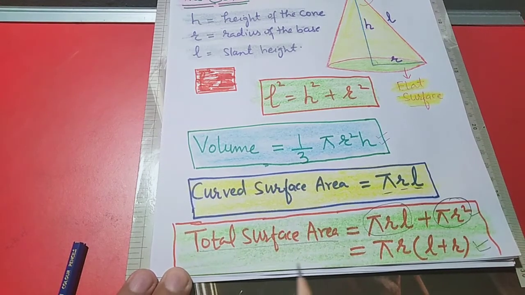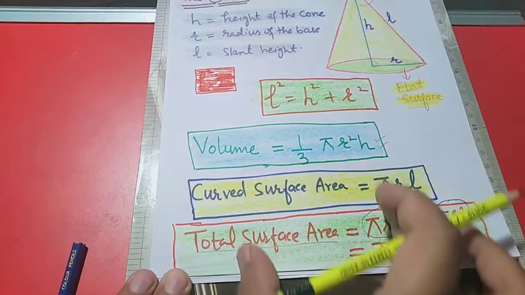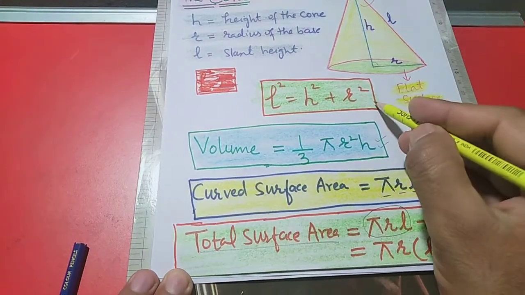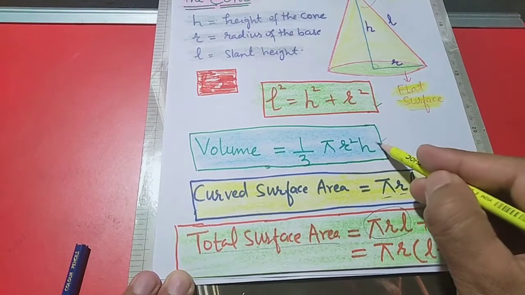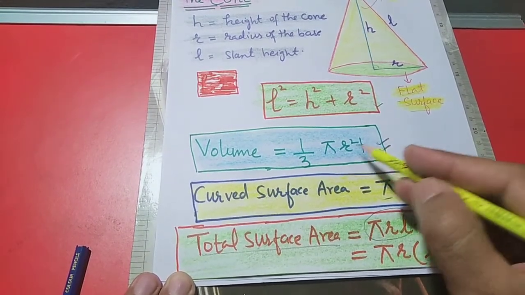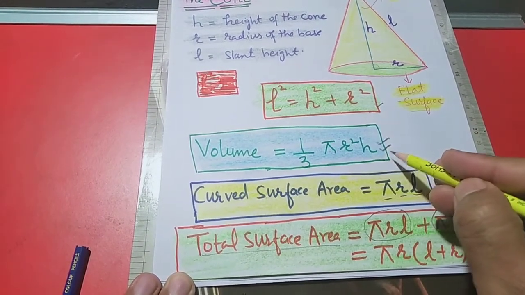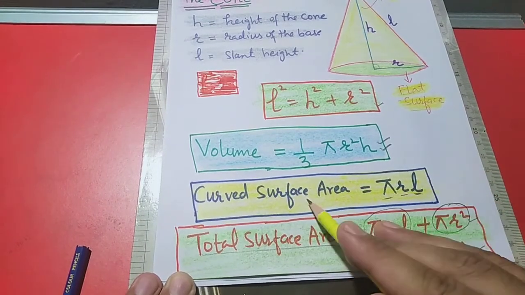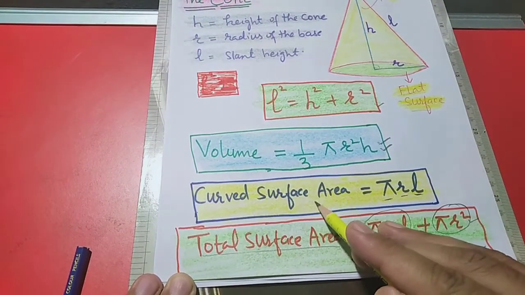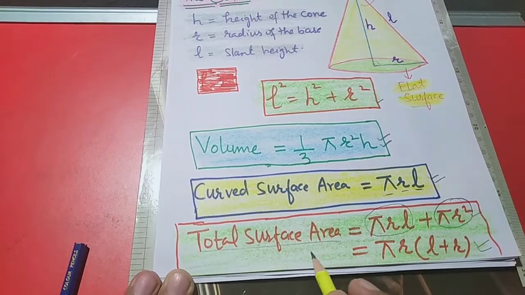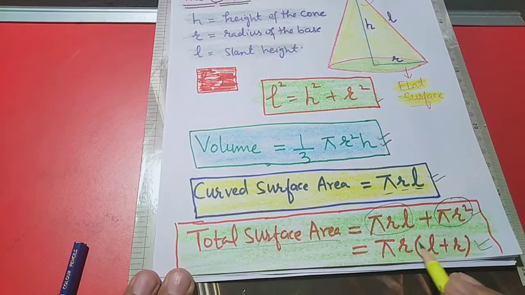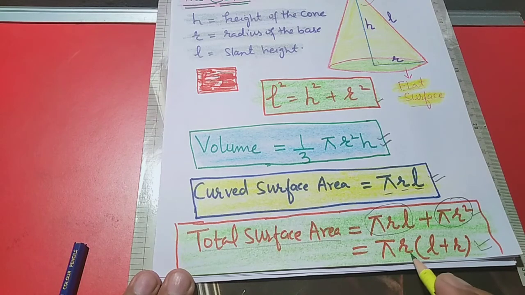So in the cone, you have to remember these four things. Number one, the relation between L, h and r. Number two, the formula for the volume, 1 by 3 pi r square h. Number three, the curved surface area or lateral surface area of the cone, pi r L. And last, the total surface area of the cone, that is pi r into L plus r.